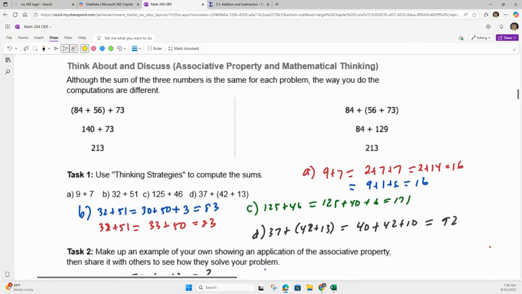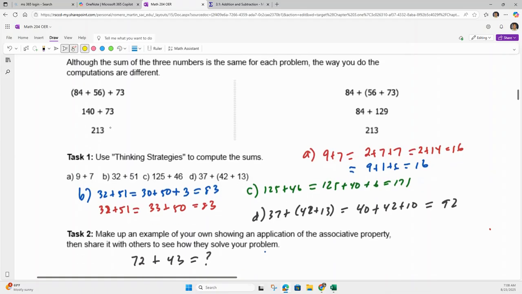Here's another one to think about mathematics flexibly, as we've been thinking about in class, like with number talks or counting collections, how we count, right? And naturally, you start to apply some of the rules, even if you don't know what the rules are. So what you see here is the same problem, but the order just changed, right? Adding together, in this one 80 plus 50, 130 plus 4 and 6, there's your 140 plus 73.